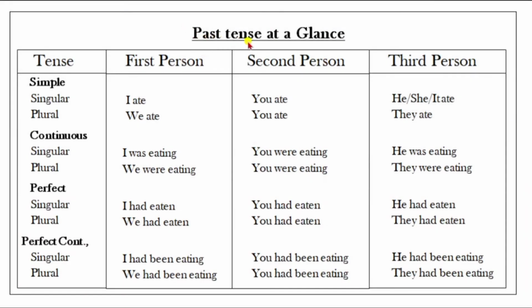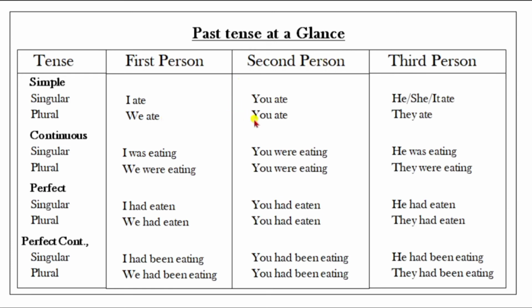Past tense at a glance I want to show now. Simple past, singular and plural. How can we construct sentences in first person, second person and third person also? I will give it at a glance in this table. I ate, we ate, singular after, plural after also, ate we are using here.